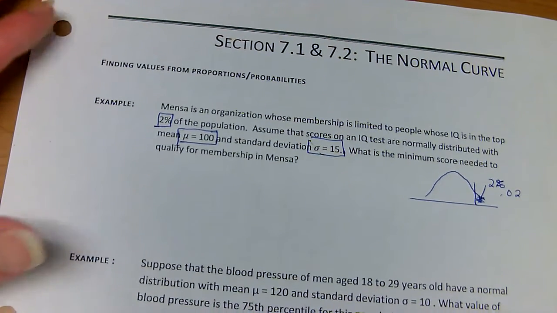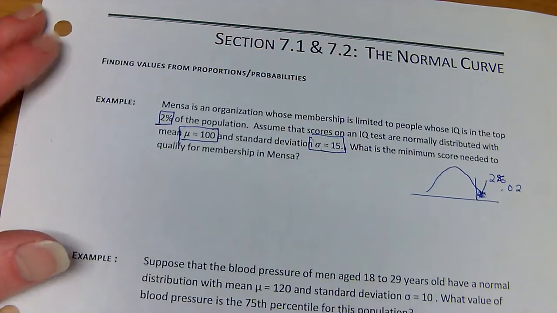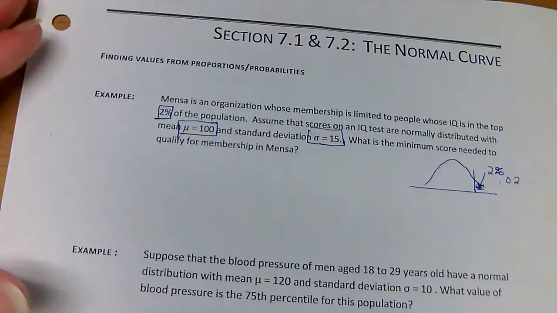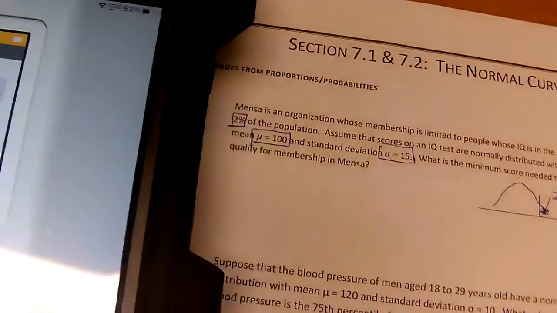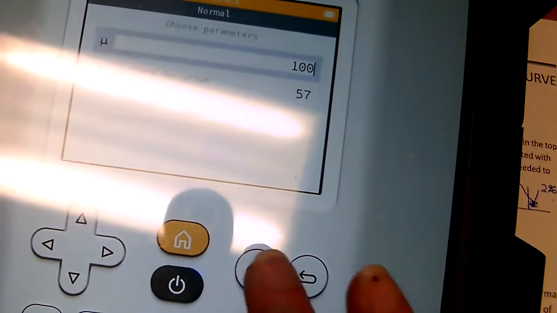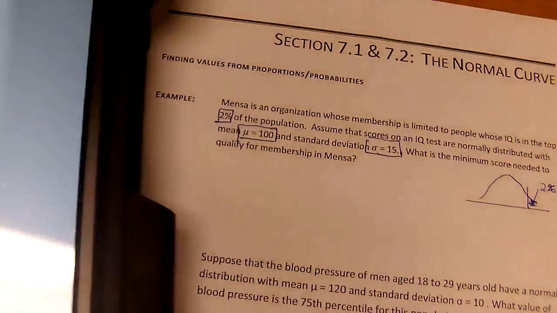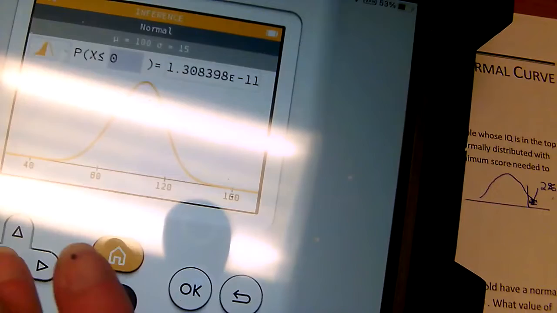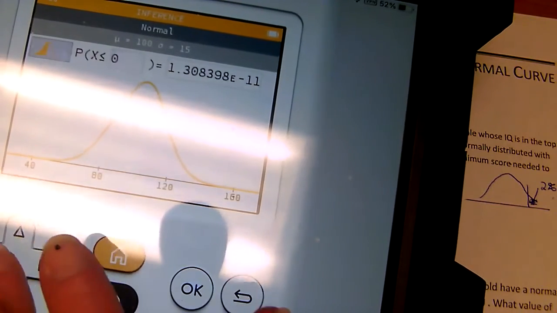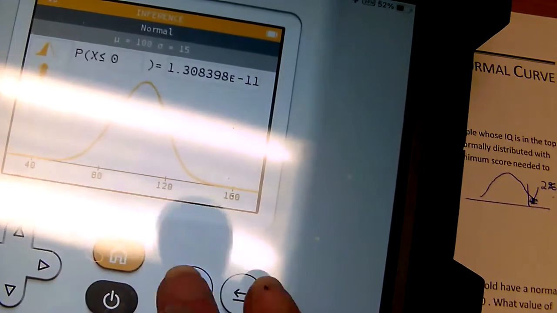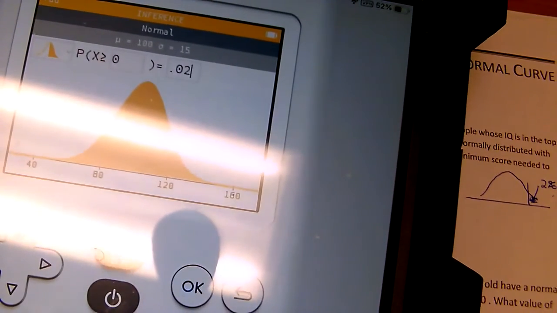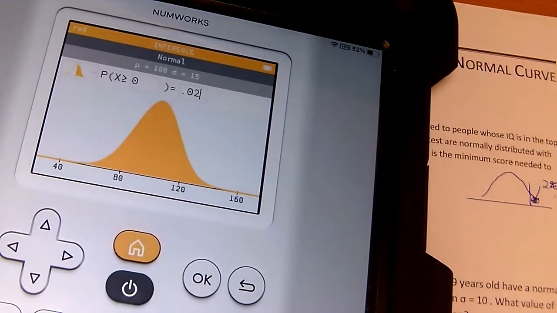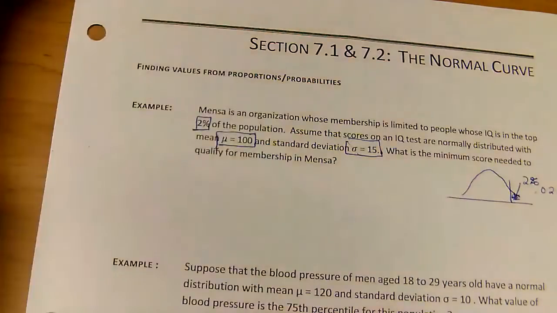So we need to know what that cutoff line is to be in the top 2%. So I have to go back and change my mean to be 100 and standard deviation of 15. And we want to be in the top 2%, so I need to be on the right side. And we want to know what value is going to give me a probability to the right of 0.02. And it gives me 130.8.